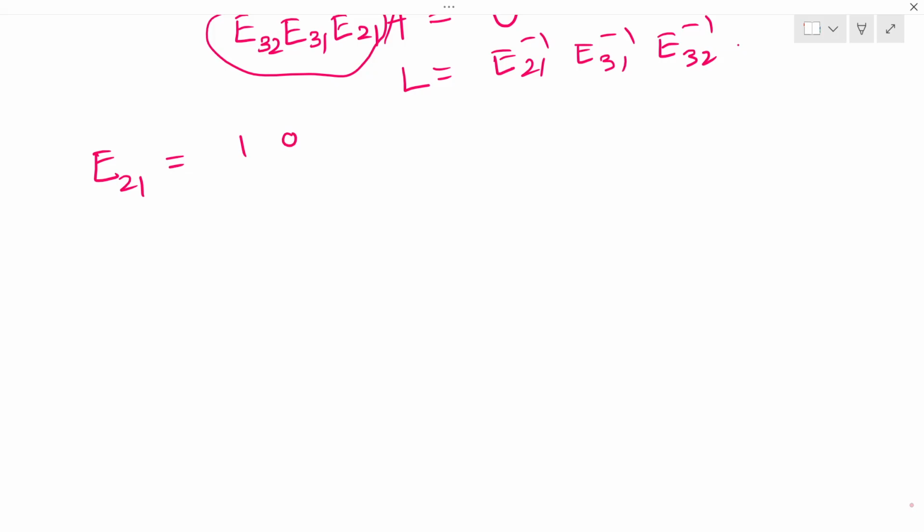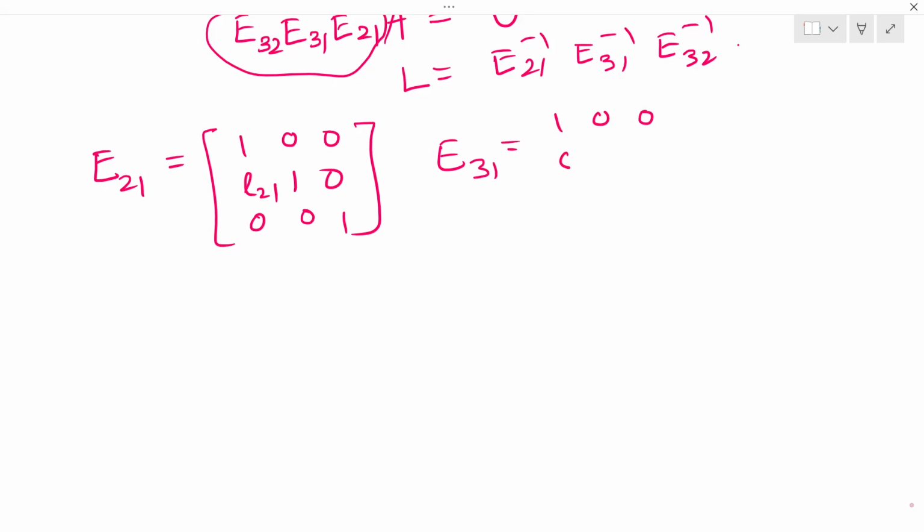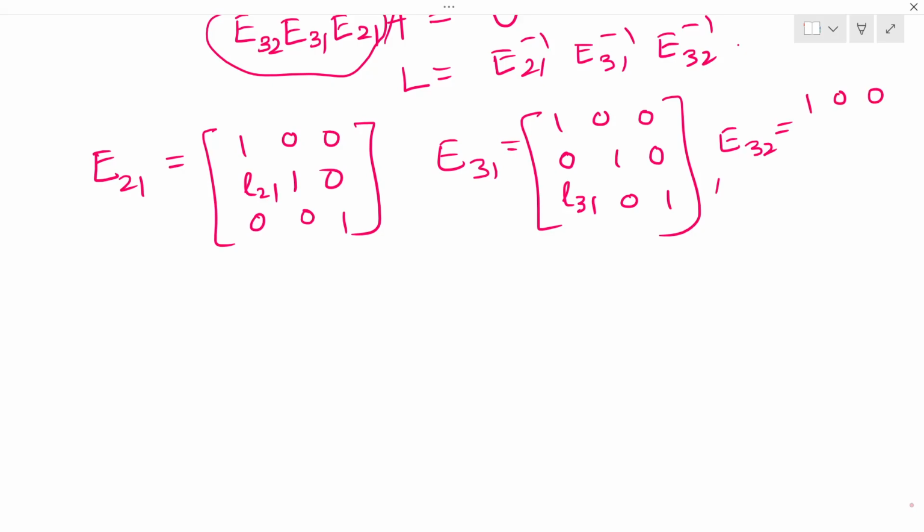Suppose my E21 is 1 0 0, L21 1 0, 0 0 1. Similarly, E31 is equal to 1 0 0, 0 1 0, L31 0 1. And E32 is equal to 1 0 0, 0 1 0, 0 L32 1.